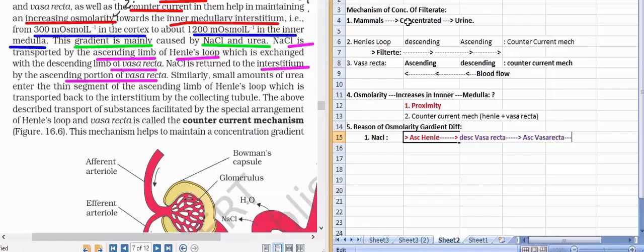From there it is going to the medulla. See, NaCl is transported from the ascending limb of Henle's loop to the descending limb of the vasa recta. Then again it's going to the ascending portion of the vasa recta, then from there it's going to the medulla. This thing you have to understand.